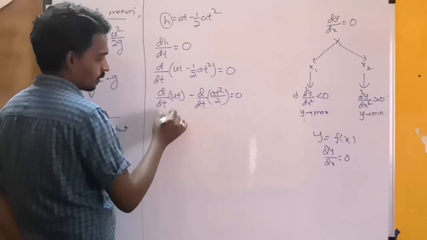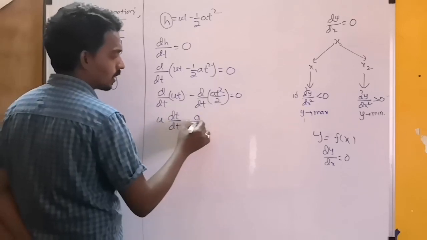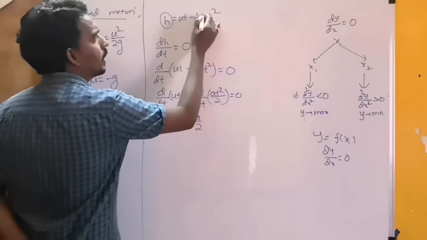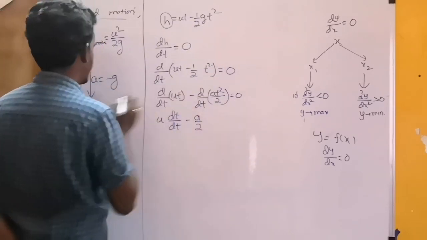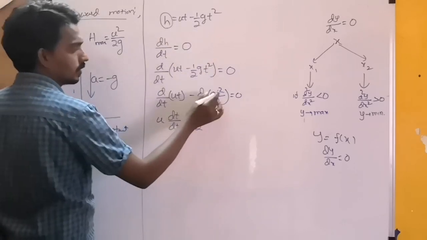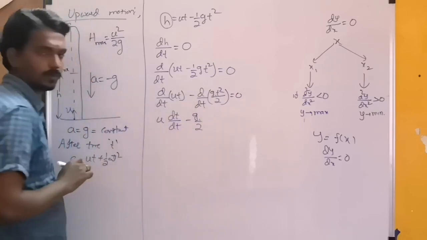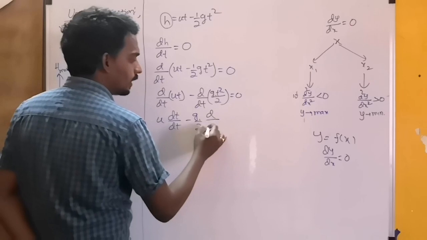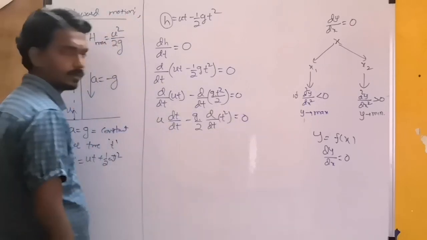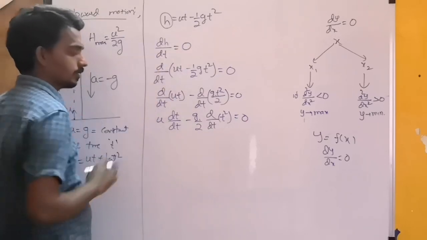u is a constant, dt by dt minus a by 2 is a constant, or you can substitute a values, g better, because a is... g by 2 into d by dt of t square should be 0, because first order differentiation should become 0 first.